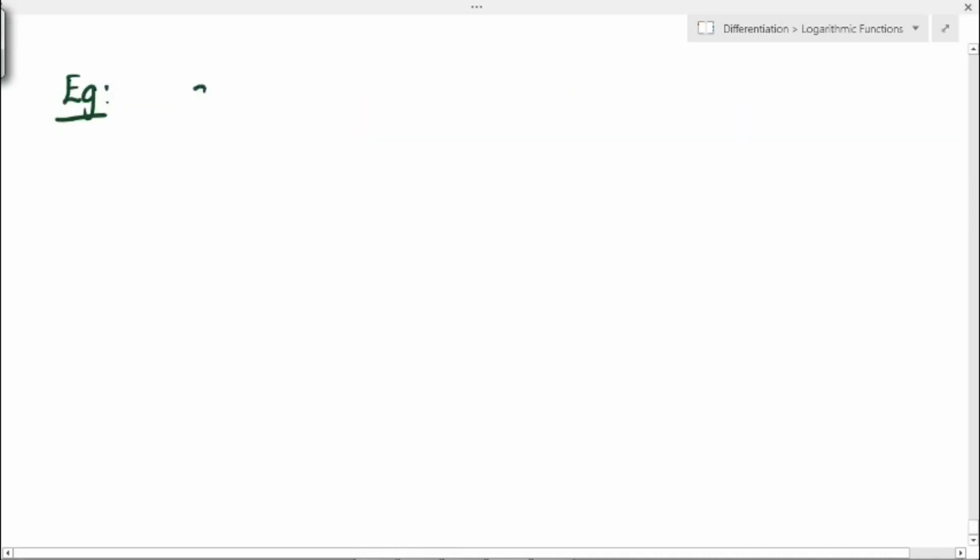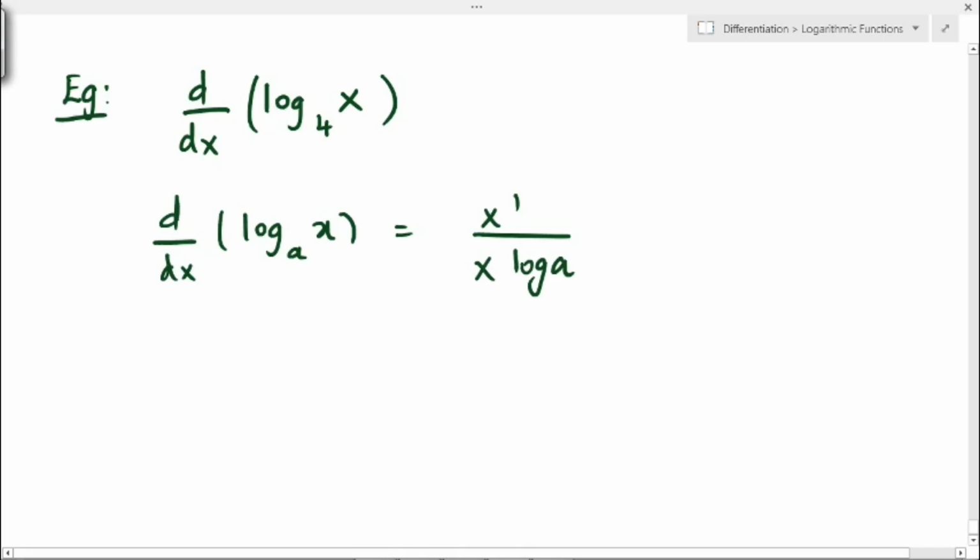Next example, d by dx of log base 4 of x. How to differentiate this? Here we have log x, but in the base we have 4. For this we have to use the formula: d by dx of log base a of x equals x dash divided by x into log a. Just substitute the values here.